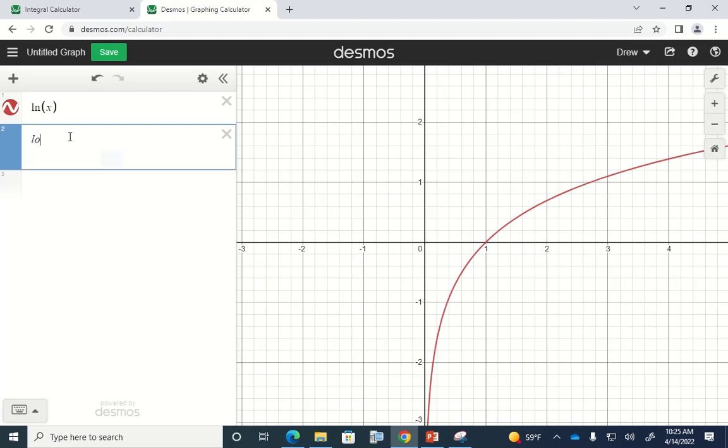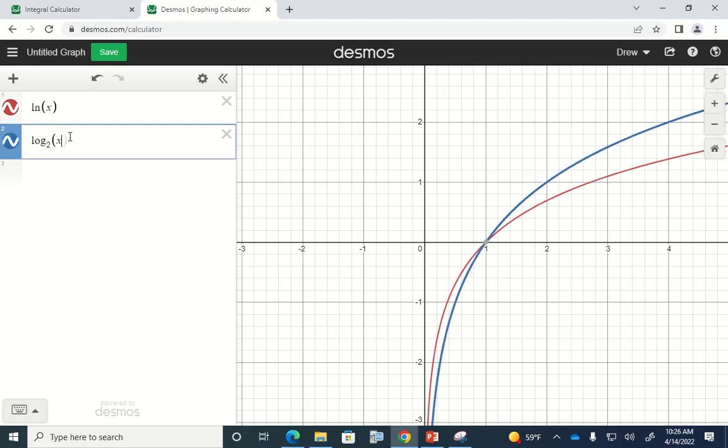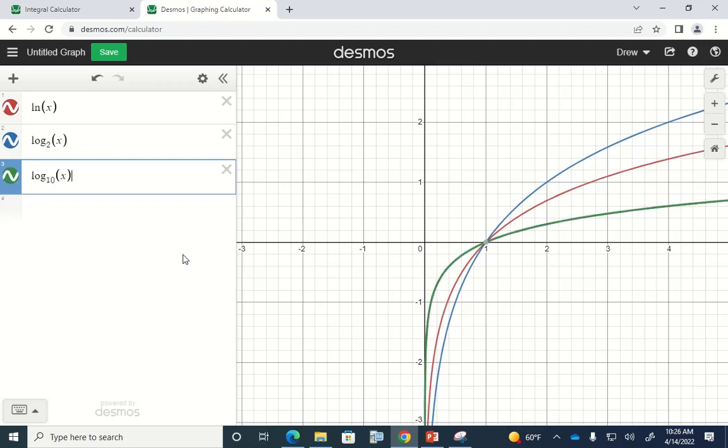If I have logarithm base 2 of x, that's also 0 whenever x is equal to 1. If I have logarithm base 10 of x, it goes through 0.